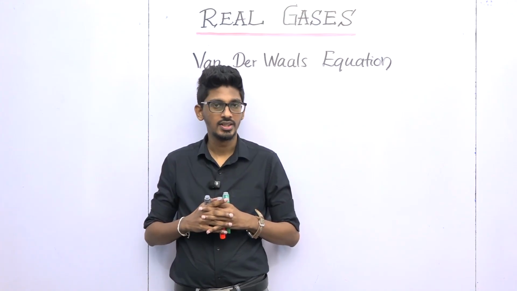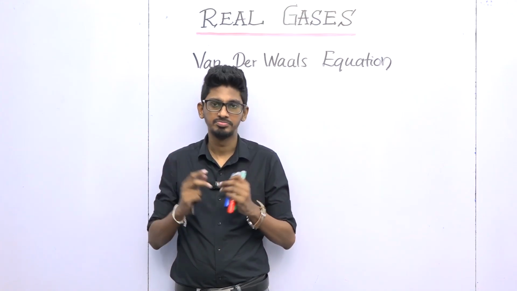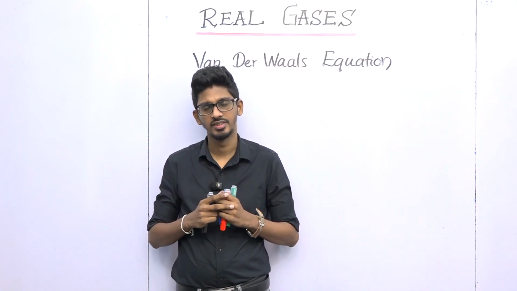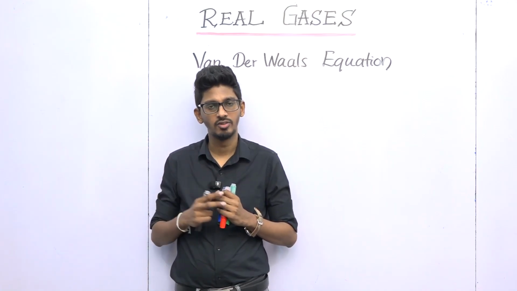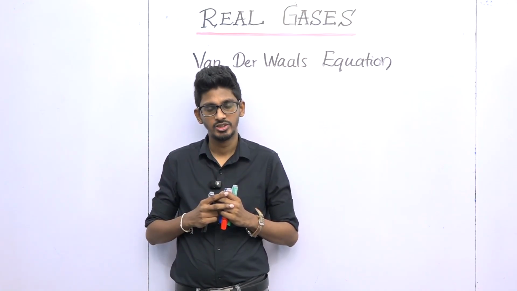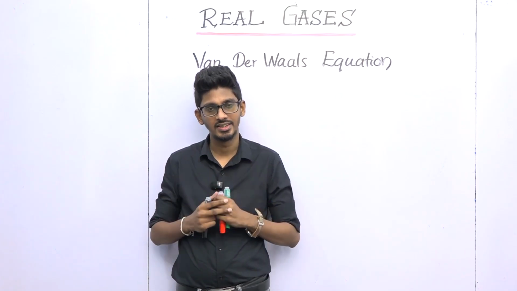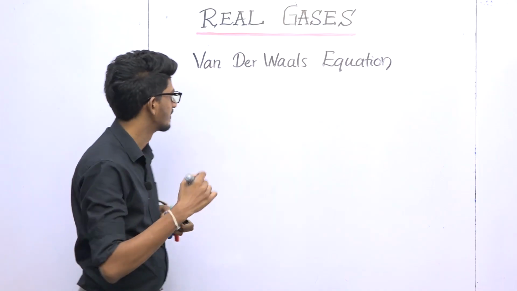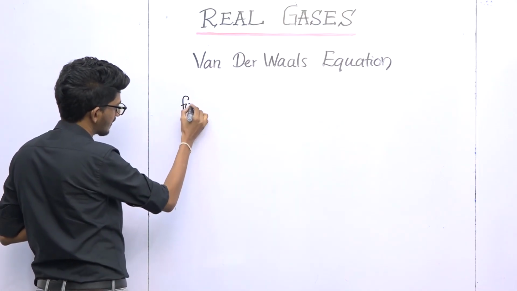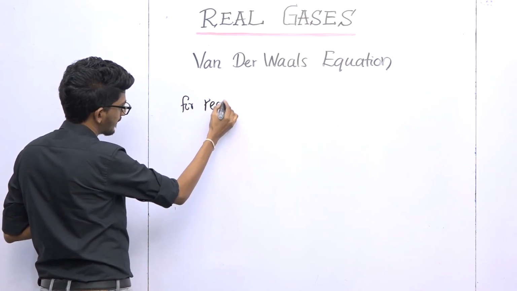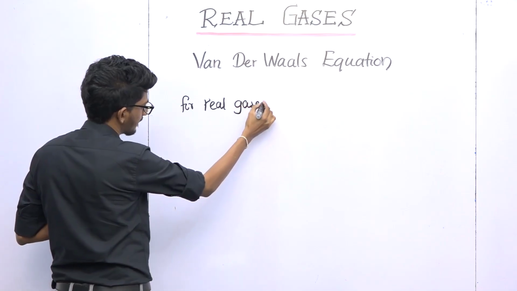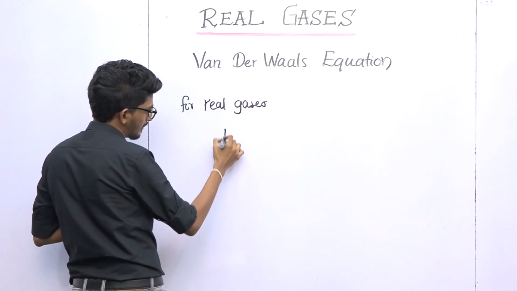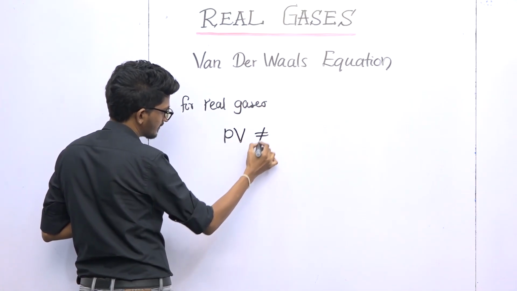So we have to come up with some corrections for the pressure and the volume to equalize that multiplication to nRT. So for real gases, PV is not equal to nRT.